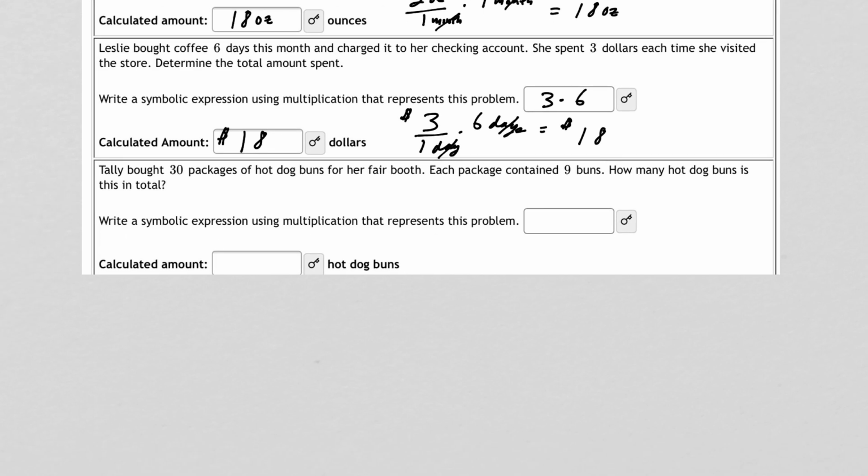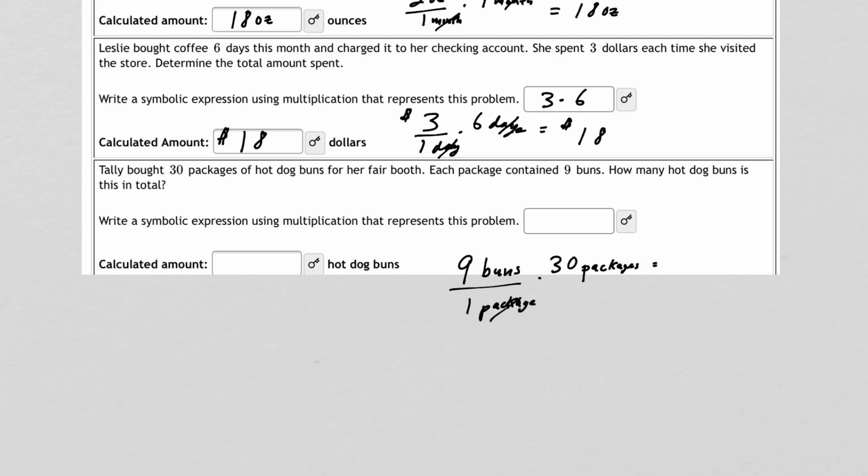And then the fourth one says, Tally bought 30 packages of hot dog buns for her fair booth. Each package contained 9 buns. How many hot dog buns is this in total? Well, again, we can think of this as this rate is really 9 buns per 1 package. And I'm multiplying by 30 packages.